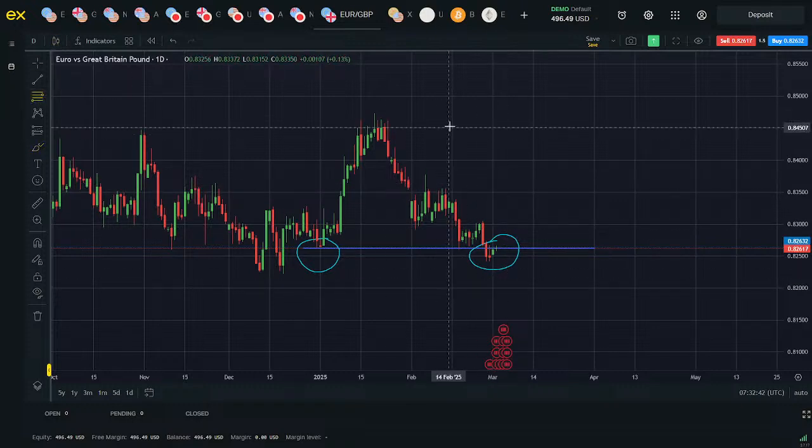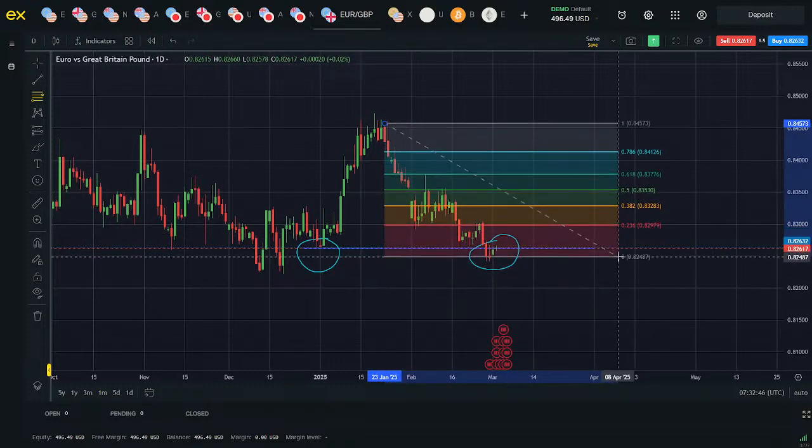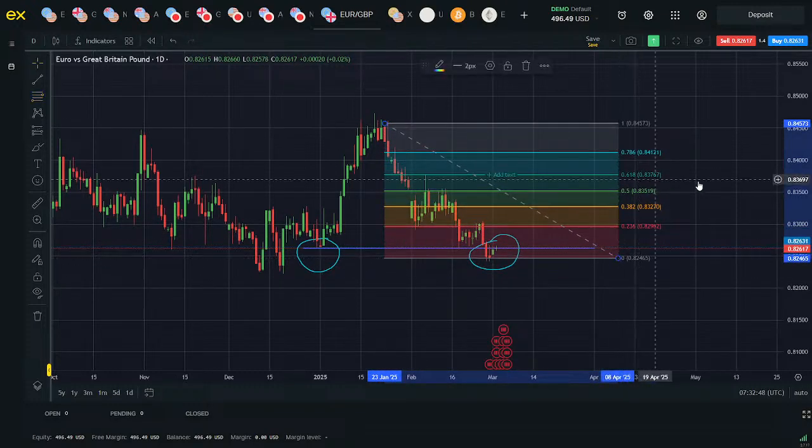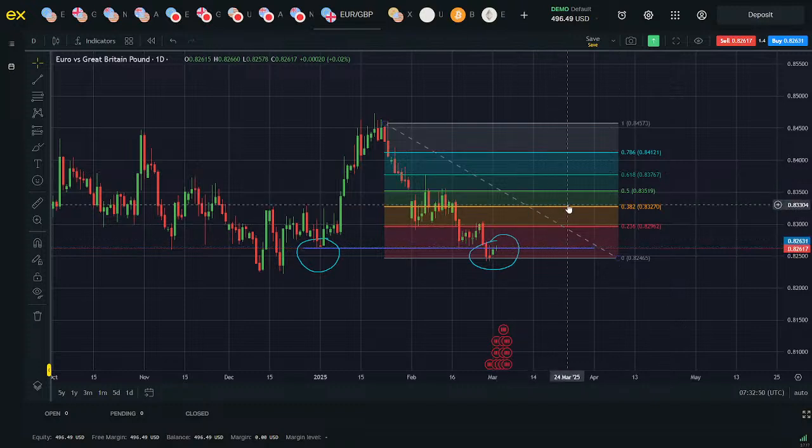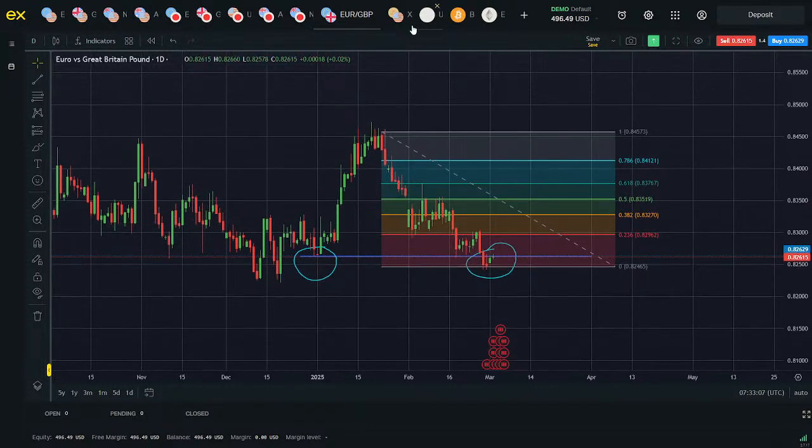If you want to take some amount of risk, you can go for a trade on the upper side, and if the market wants to reverse itself or follow some movement on the downside, then maybe it will reverse at 0.382 or 0.236 or 0.5. So this was all about Euro GBP.